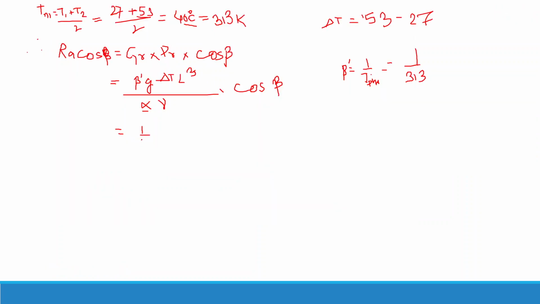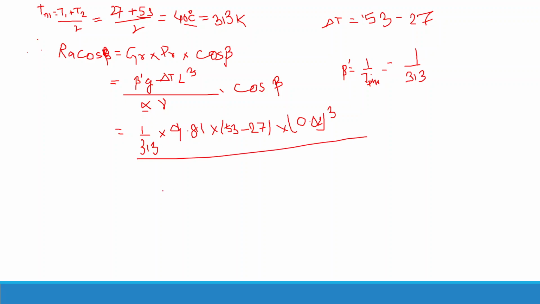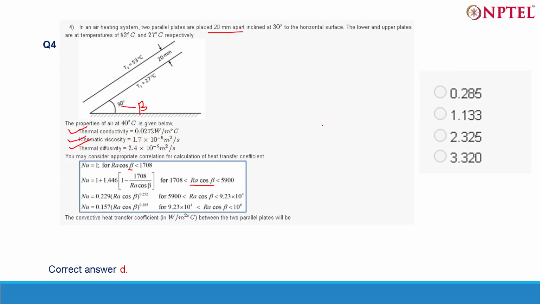So just put the values: 1 upon 313 into 9.81 into 53 minus 27 into 0.02 whole cube. Now the other terms are 2.4 into 10 to the power minus 5 into 1.7 into 10 to the power minus 5, and cos beta, where beta is 30 degrees.